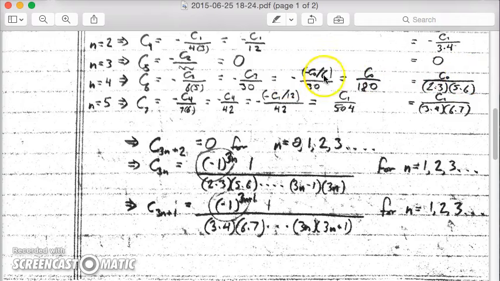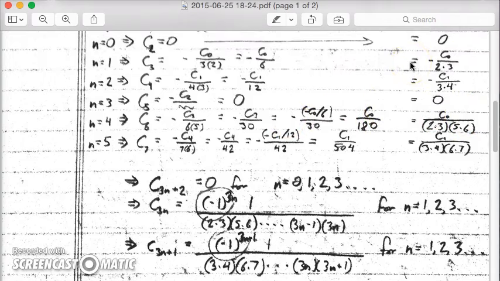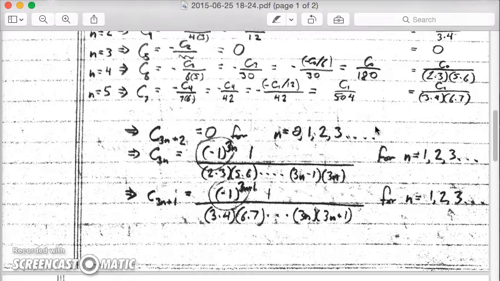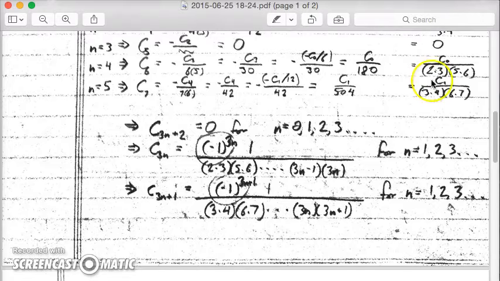And so we notice that every first term is with respect to C sub 0, and every second term is with respect to C sub 1. And that is this pattern there for that constant.